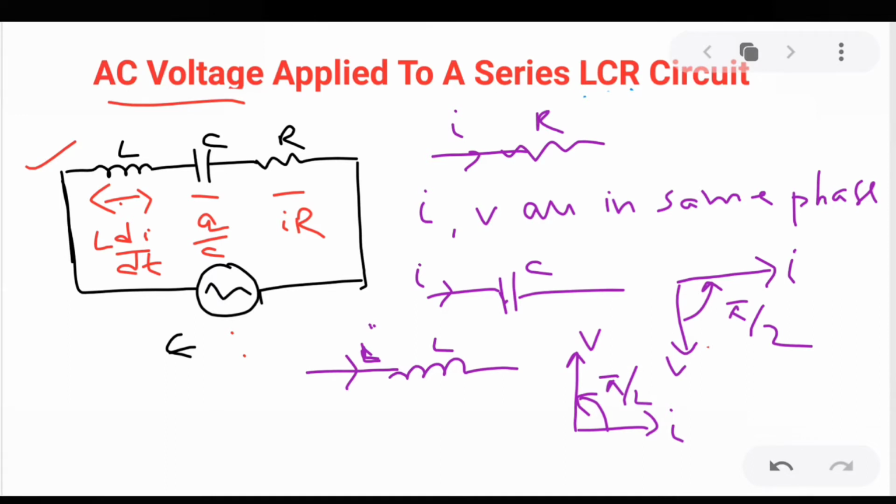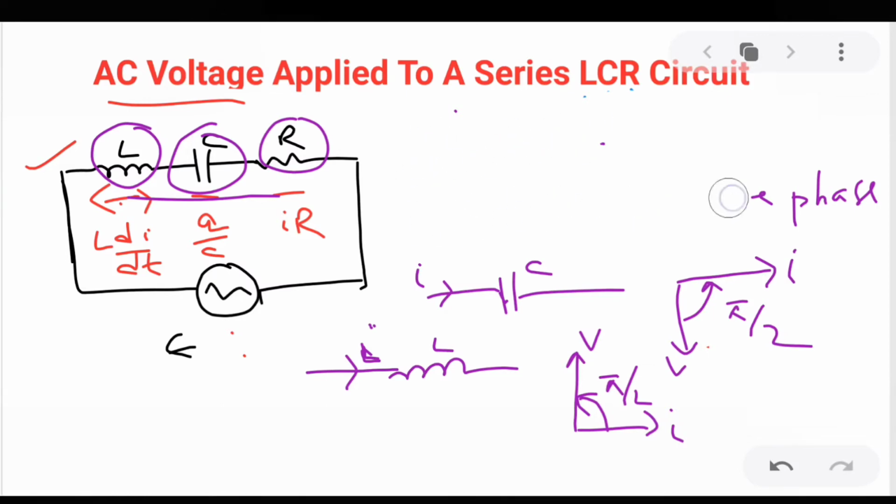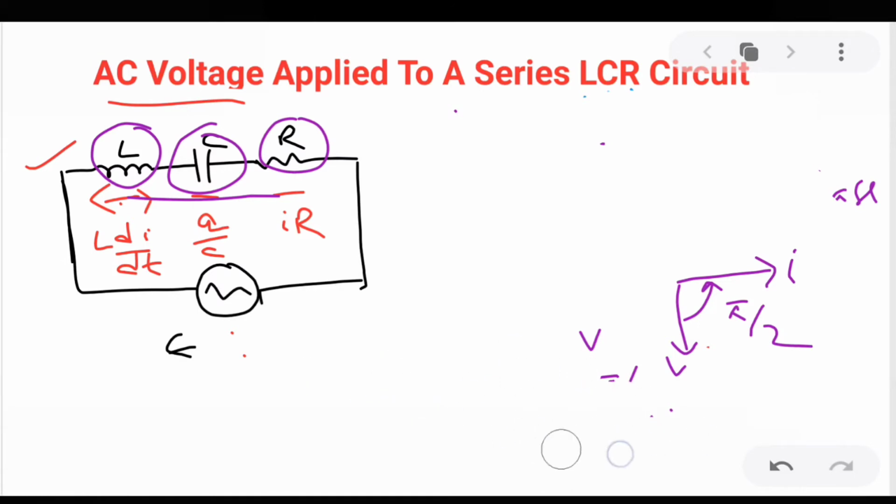So this is the basic concept that we have learned. Now here we have all three components L, C and R in series, and the same current is flowing through them, because they are in series. So we have to combine the phasor diagram. So how will you combine? Let's see.